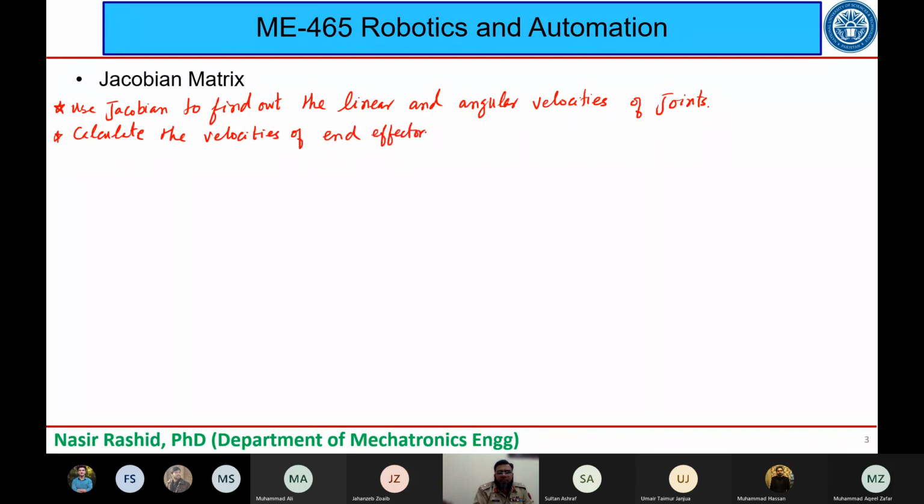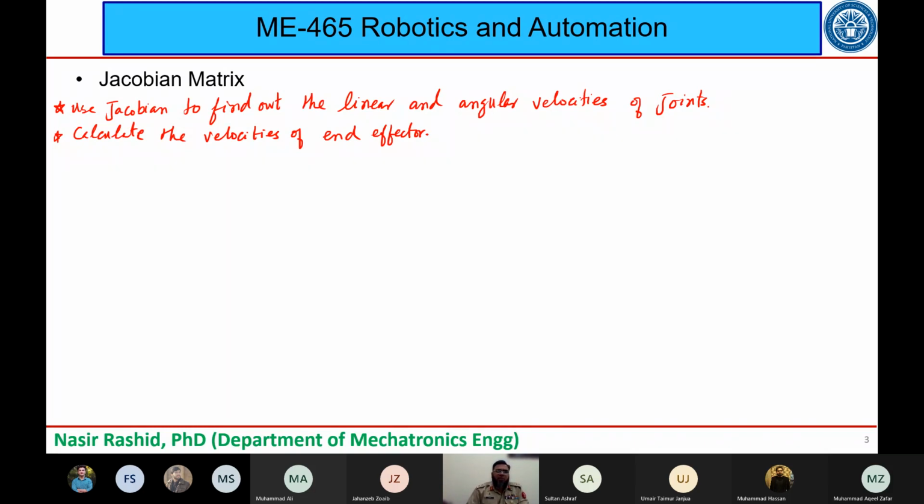What we are going to talk about today is that we have been talking about the position and orientation of the end effector while we were dealing with robotics, especially when we were talking about forward kinematics and inverse kinematics.